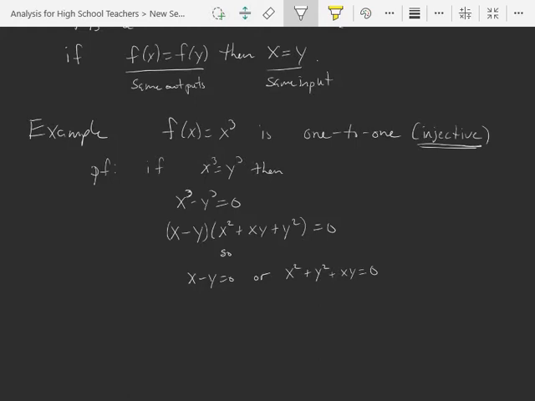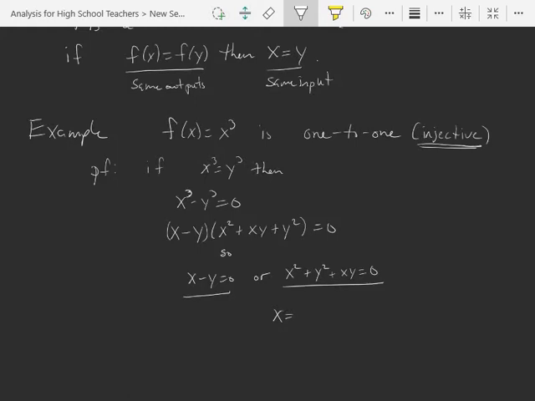And this is what we want, so I'd have to show that this is never equal to 0, right? So how might I show that that's never equal to 0? Well, we can solve it as a quadratic in x.